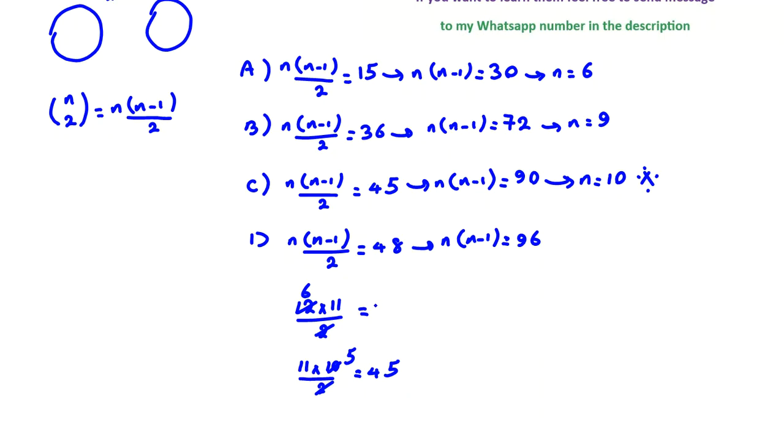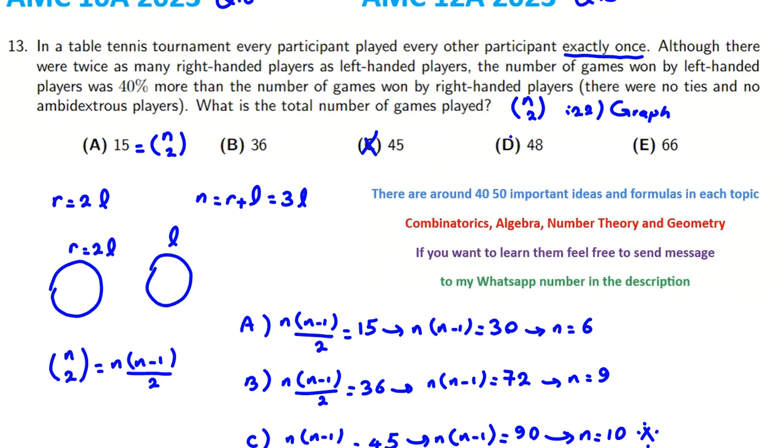Here we call these numbers triangular numbers. 48 is between two consecutive triangular numbers, so we can conclude there is no N. So we can reject choice D.